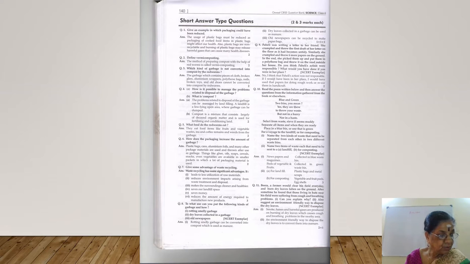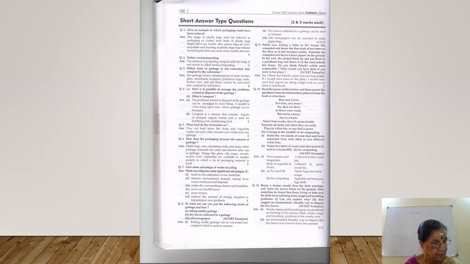Newspapers and magazines are collected in the blue bin. Peels of vegetables and fruits go in the green bin. And then landfill: plastic bags and metal scrap. I hope you follow this. It was just our idea. Extra questions are given that you can go through.